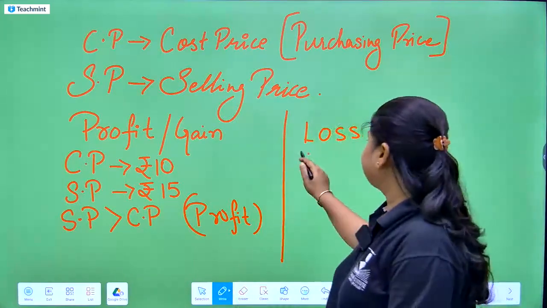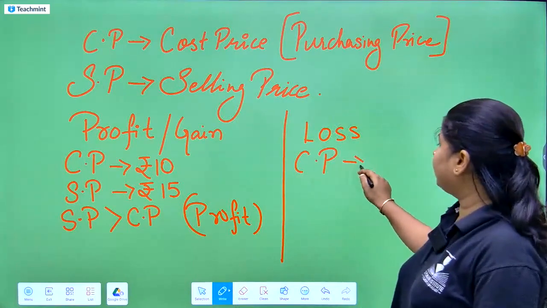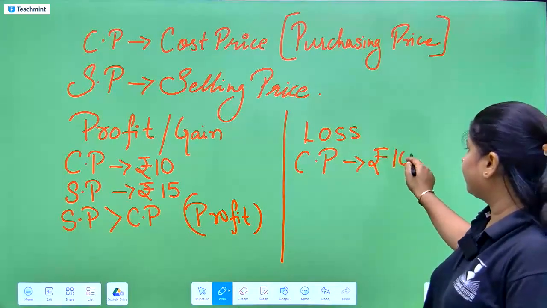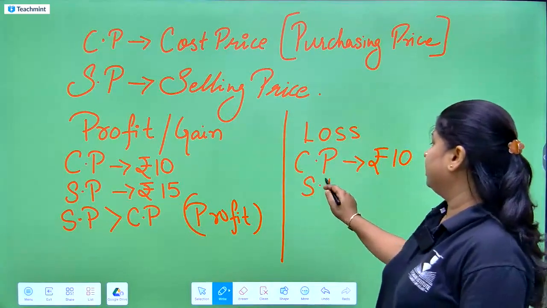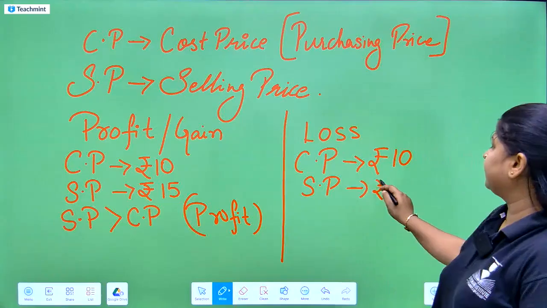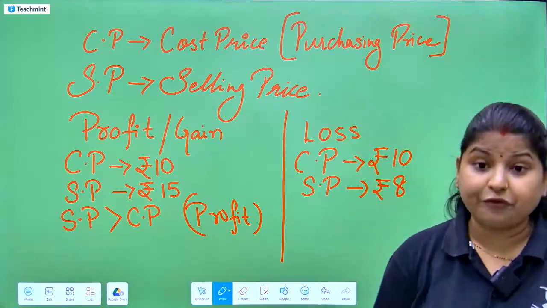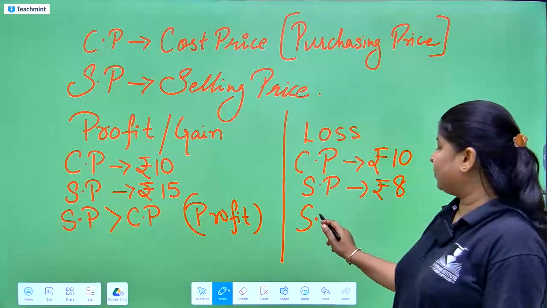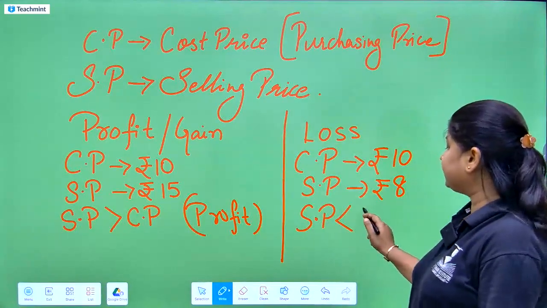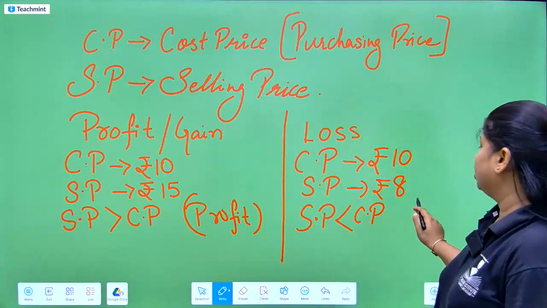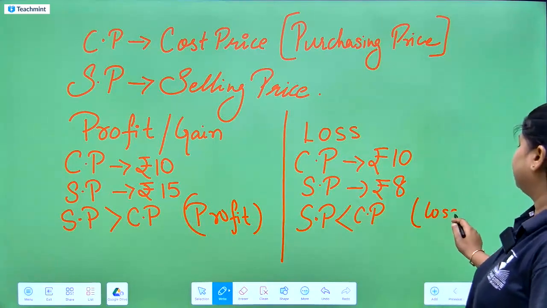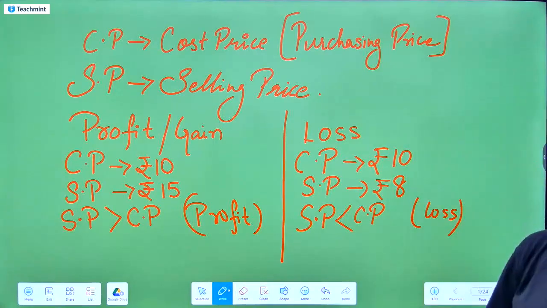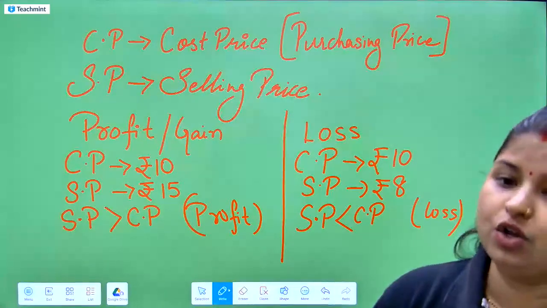That means he bought the pen in rupees 10, but he sold the pen for rupees 8 to his friend. Whenever selling price is less than the cost price, you will always feel the loss.